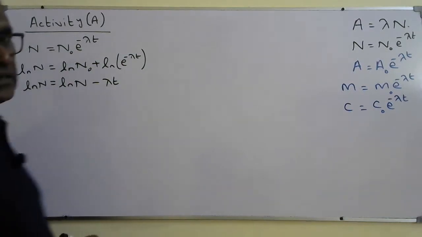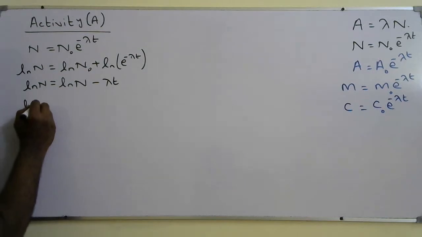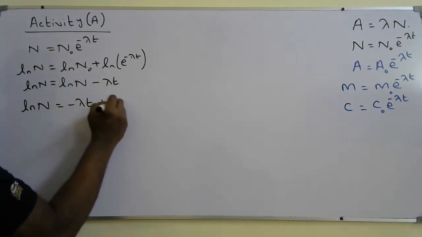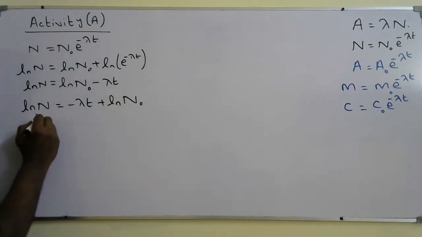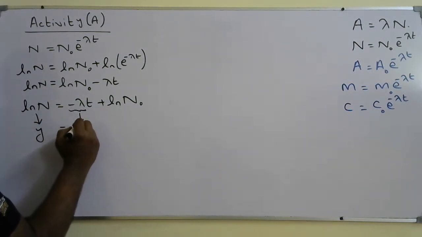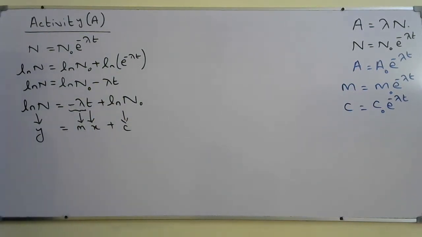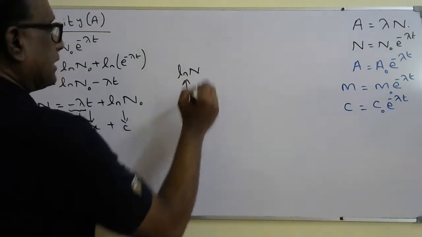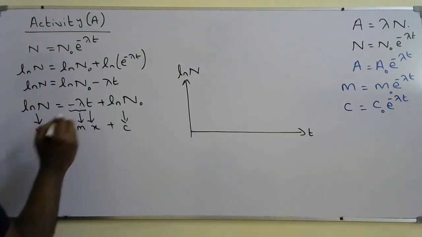So here also we can sketch a graph. The y-axis is ln n. This is a constant, so we'll keep it as the intercept, ln n naught, on the y-axis. Minus lambda is the gradient, t is the x-axis, and this is the y-intercept point. So ln n against time is in y equals minus mx plus c format.